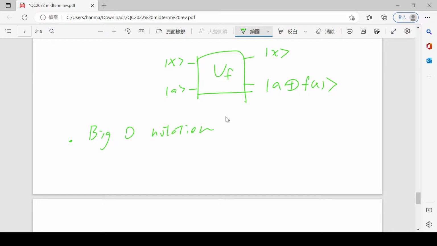The important thing here is to remember the hierarchy: exponential in x is much bigger than polynomial in x, which is much bigger than log x.